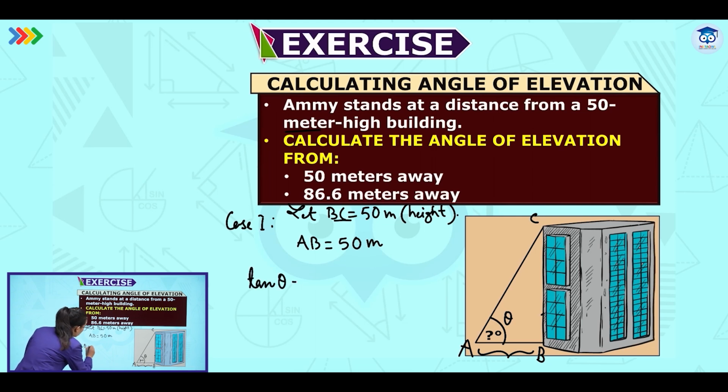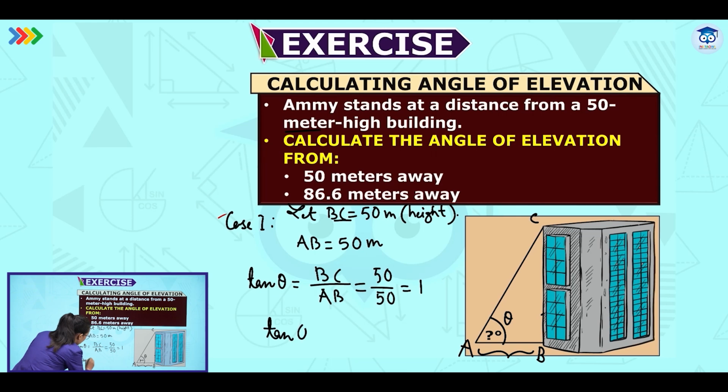Tan theta is what? Or cot also you can take, any of the values. So tan theta, now we have opposite BC and then we have AB, right? So BC and AB both are 50 and 50. So we have the value of tan theta as 1.